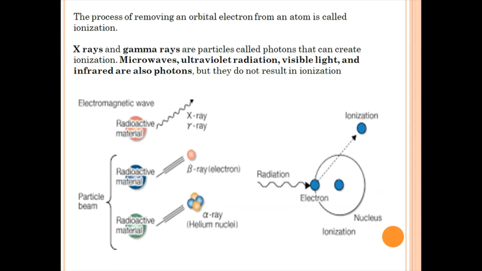X-rays and gamma rays are particles called photons that can create ionization. Microwaves, ultraviolet radiation, visible light, and infrared are also photons, but they do not result in ionization and are referred to as non-ionizing radiation.